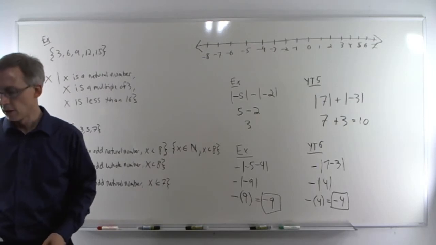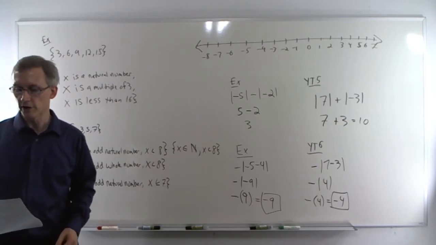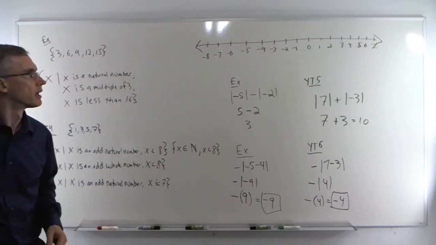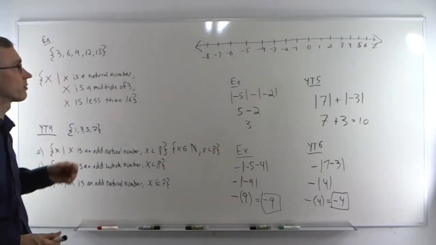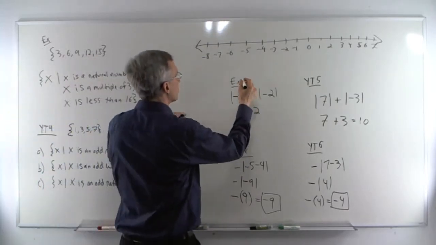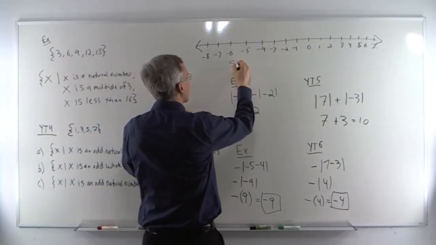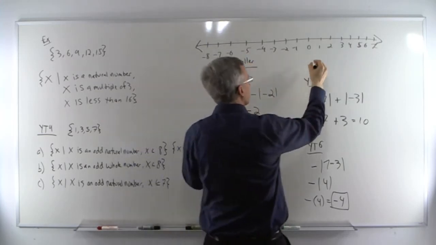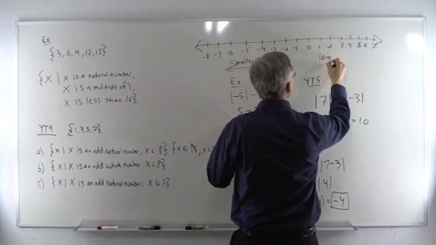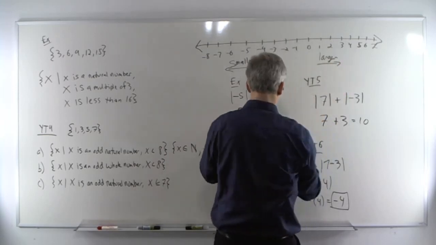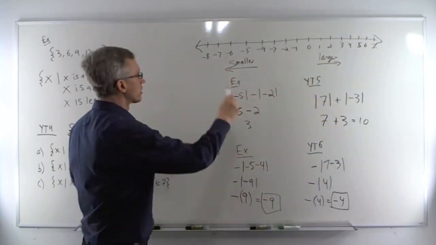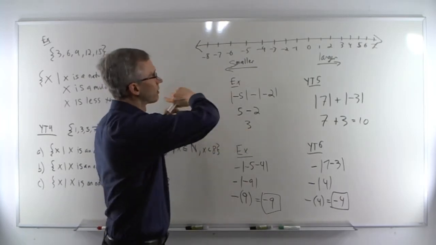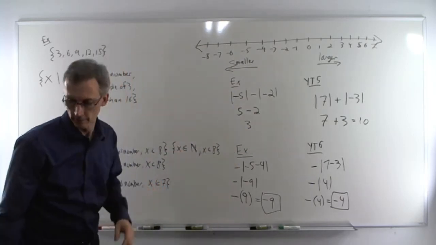All right, next up, we're going to be ordering numbers less than or greater than. And we can look at the number line, see which numbers are going to be less than or greater than. We got smaller numbers this way and larger numbers this way. So anything that is to the left of something that's going to be smaller than things on the right.